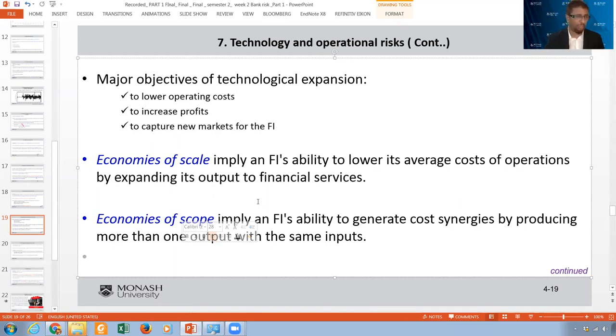People now collect big data, analyze big data, and provide so many things when we talk about economies of scope, which means they produce many things from the information.